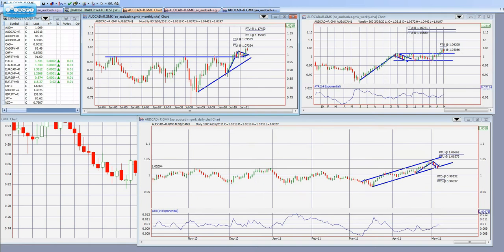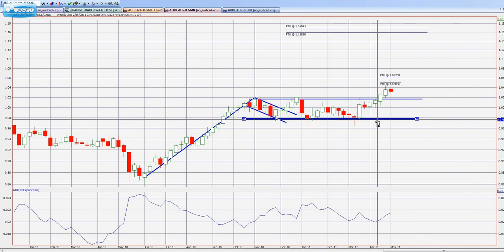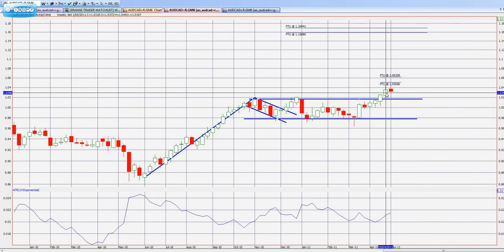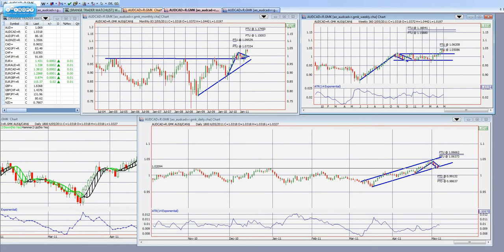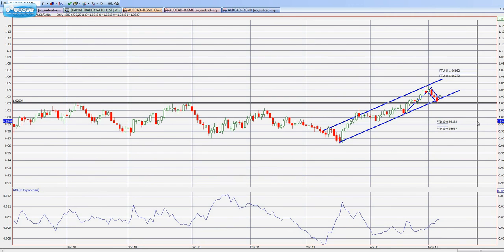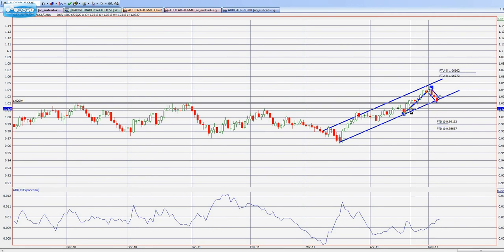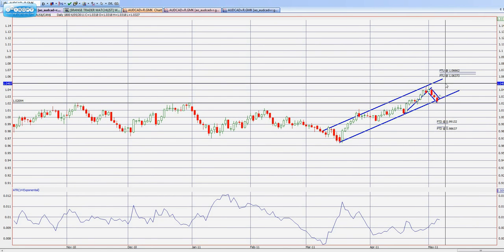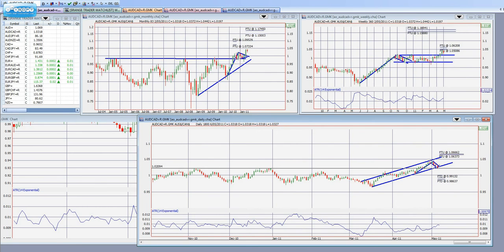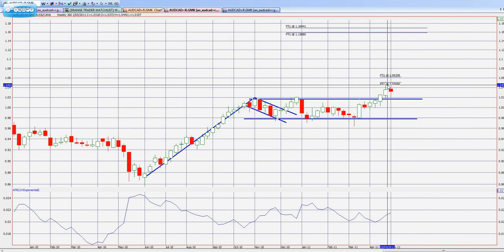The weekly has given me a break of a consolidation to the 105 to 106 level, which it has still merely got to. With the daily, we've got a flag formation which has actually broken, and the target is 106 to 106.66. So that's the trade I'm looking at. And if we go back to the weekly, that's still the same target.